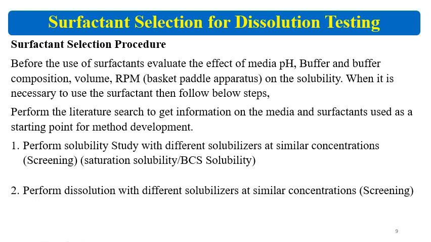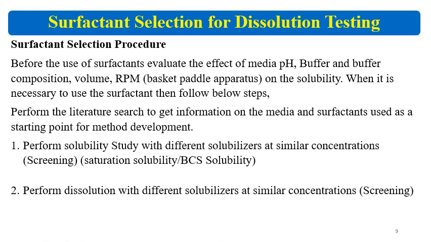Perform both the saturation solubility and the biorelevant solubility, so that you will have a clear understanding about the surfactant which is going to be used in dissolution testing. Suppose you are using SLS, Tween 80, Brij and 3-4 other surfactants, and out of that you find that SLS is giving good results and is commonly used, so you can select SLS.